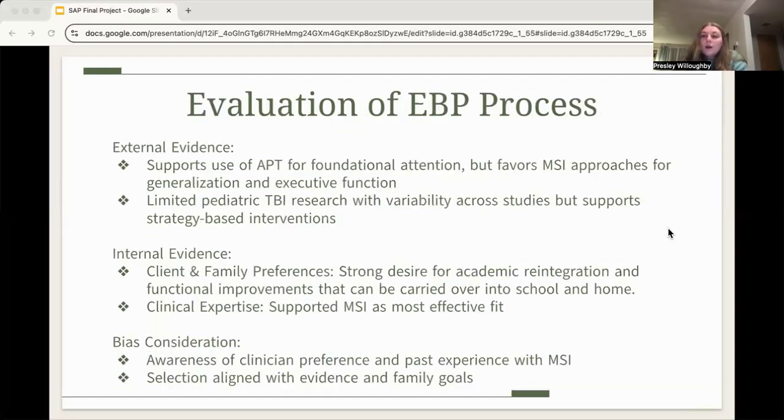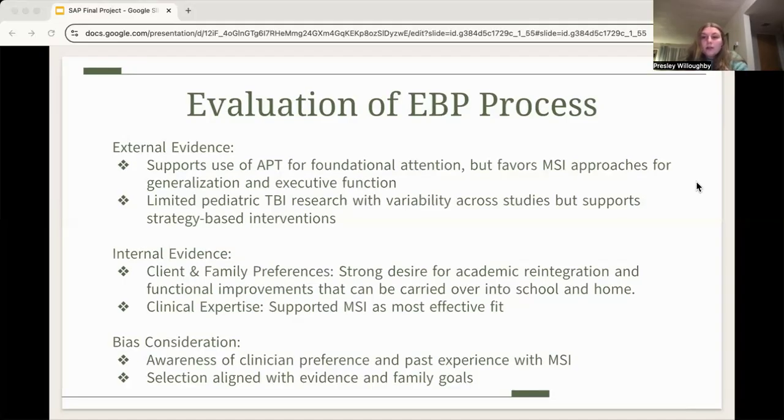So reflecting on the EBP process, it became clear that each component, the external evidence, internal evidence, including the client preferences and clinical expertise, each played a critical role in shaping the intervention decision.